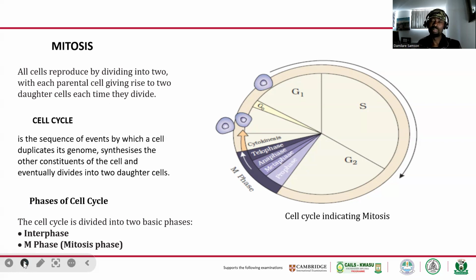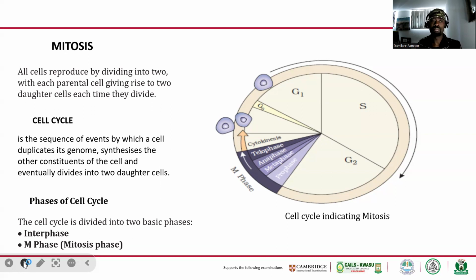Are you getting me? A parental cell divides into two to form two daughter cells. And the funny part is that the daughter cell will have the same number of chromosomes as the parent, because the parent cell, being a somatic cell, divides into two, and the daughter still has a complete somatic cell.